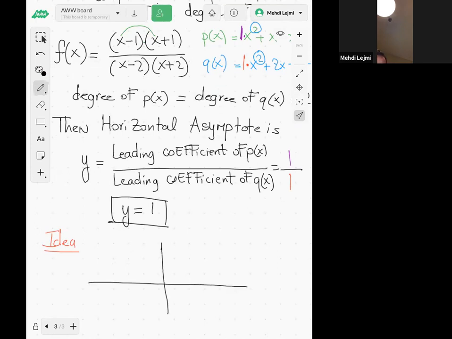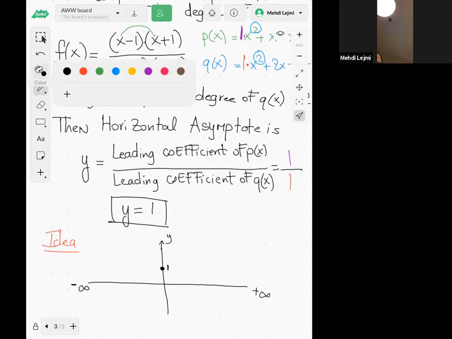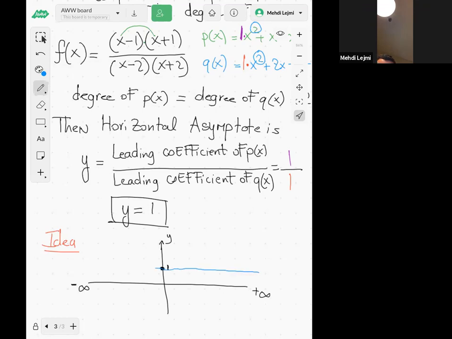And let's say here's y equals 1, and this is the y-axis, of course. And here you have negative infinity and positive infinity. So your horizontal asymptote is a horizontal line, obviously, that's why it's called a horizontal asymptote. So this is y equals 1, my horizontal asymptote, right?